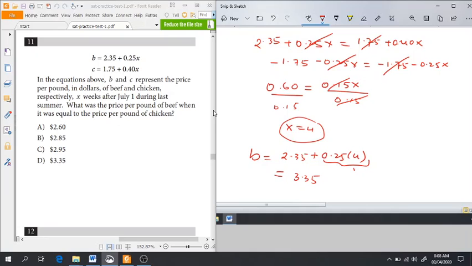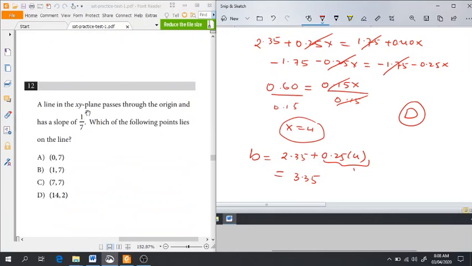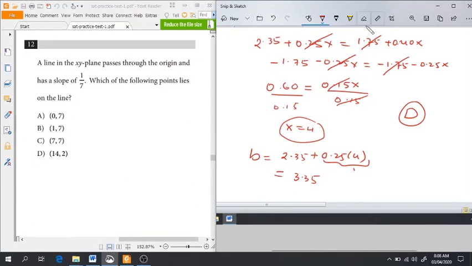So the answer here is D. D is the right answer to this question. Okay, let's do question number 12.